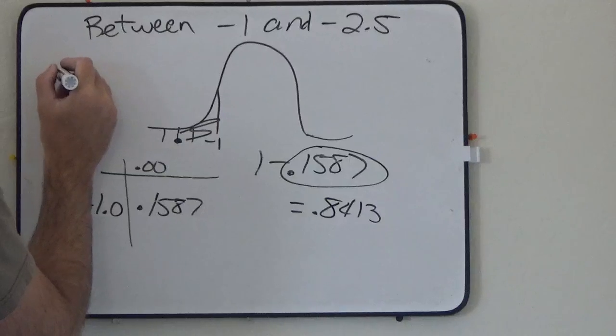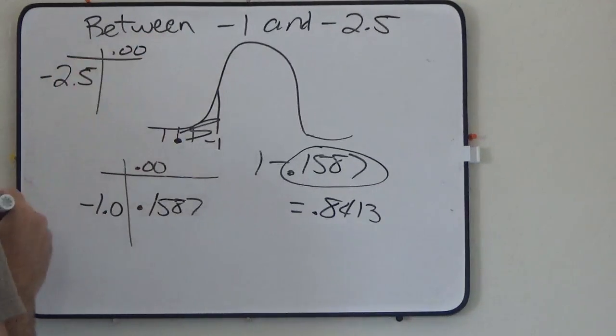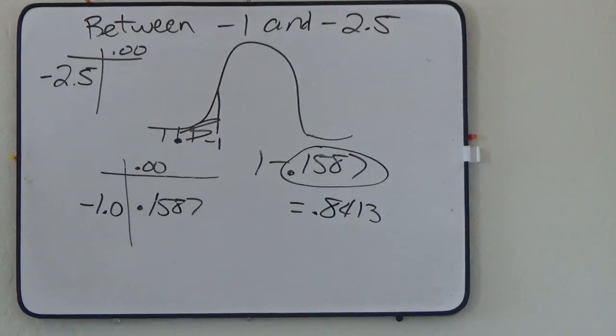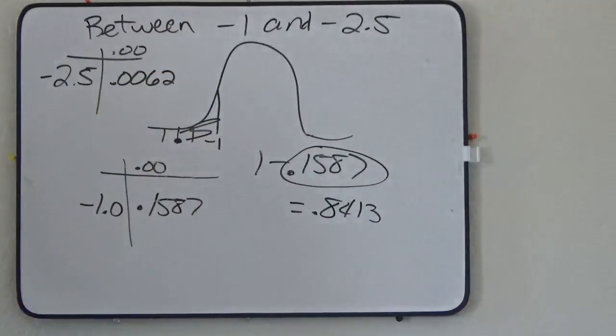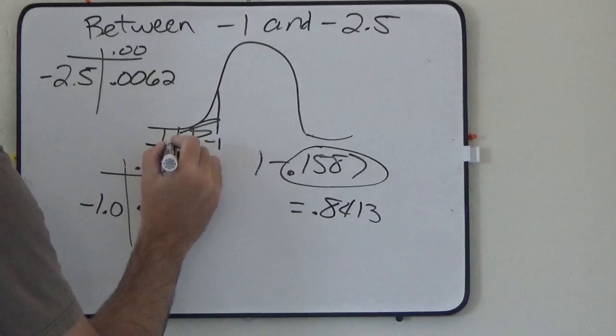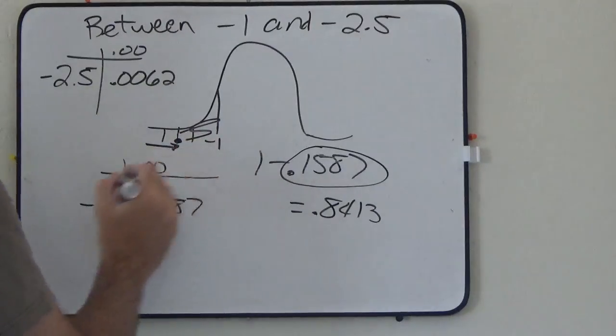You're going to find -2.5 on the left column, and then 0.00 on the top column, where those meet. Those meet at 0.0062. That means that's the probability of from here to right there. That's it. It's 0.0062. We want in between these two.